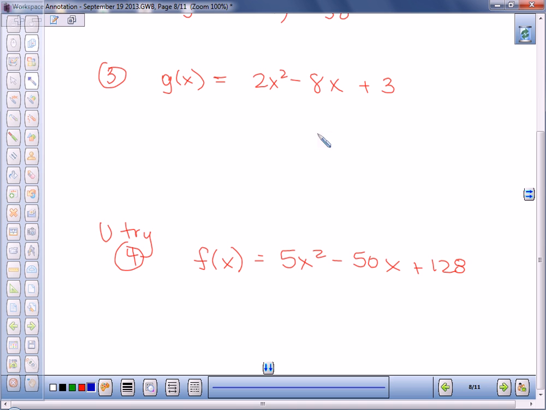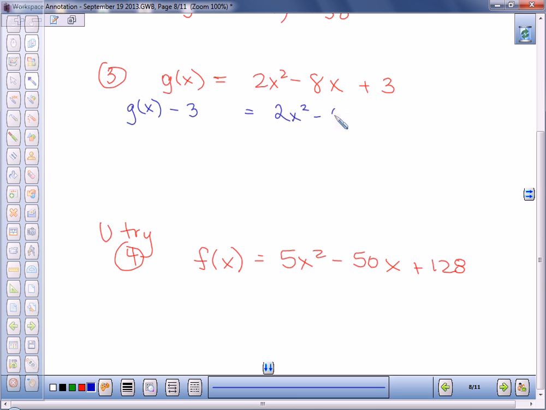On this one, we're going to move the constant over so that we can rewrite this as a perfect square trinomial. But when we have a coefficient, that coefficient will have to be factored out before I can complete the square. Do you see this has a coefficient of 2?